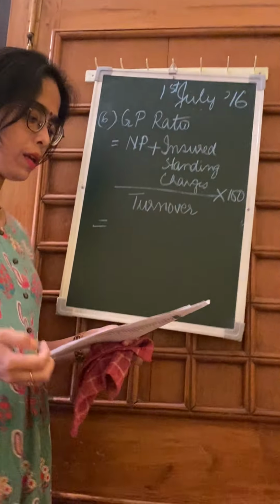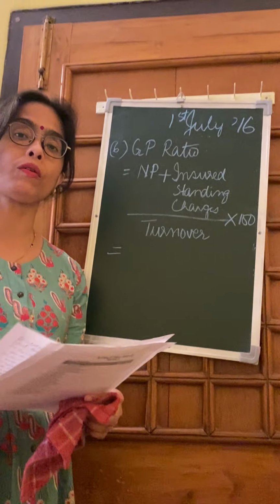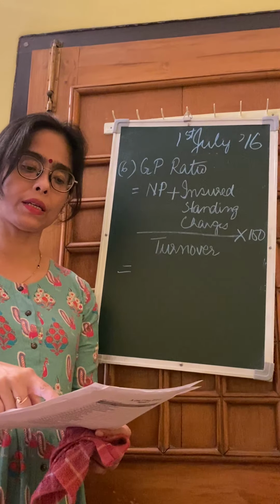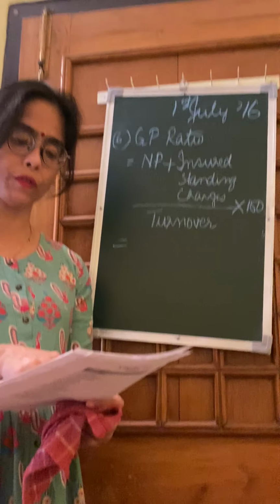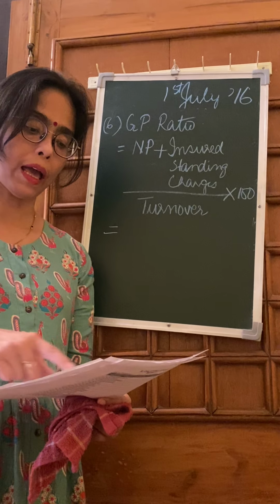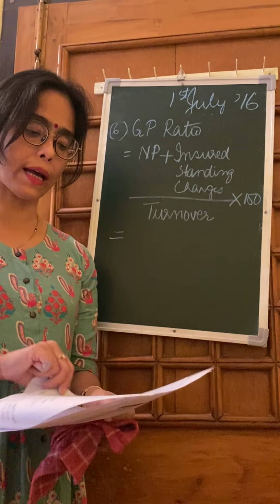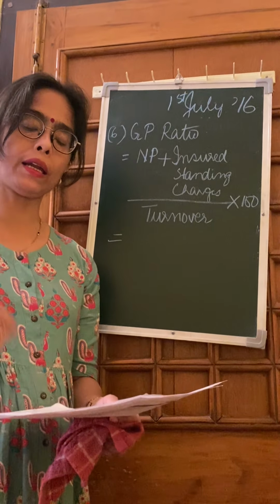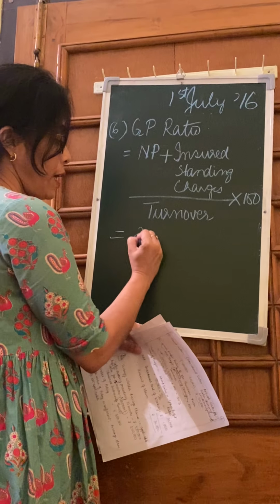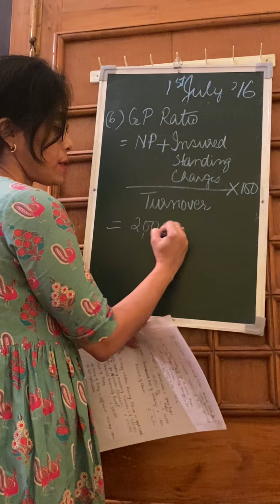Your net profit has been mentioned in information number 5, which says that after debiting insured standing charges of rupees 50,000, the net profit for the year 2015 amounted to rupees 2 lakhs. So we are only dealing with the previous year. So your net profit has been 2 lakhs.